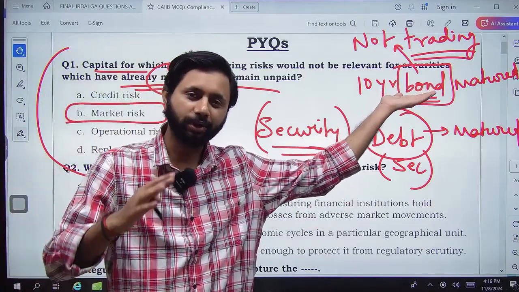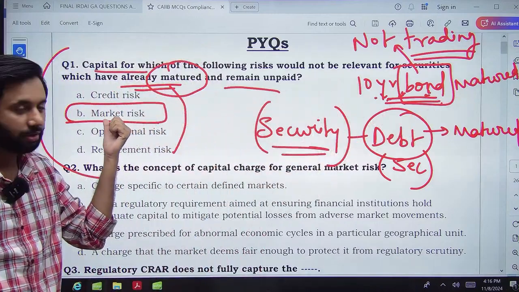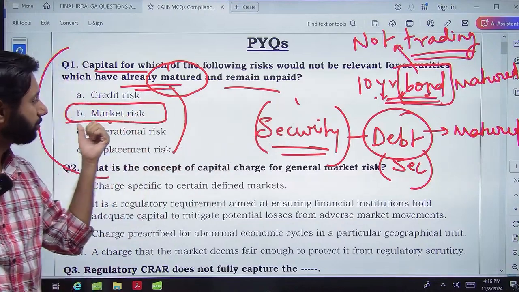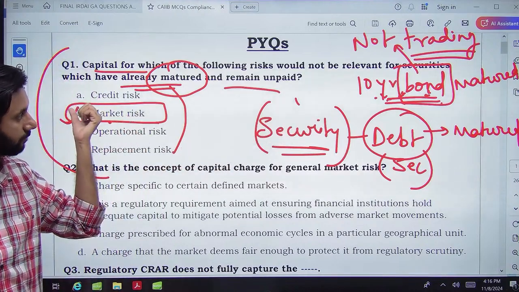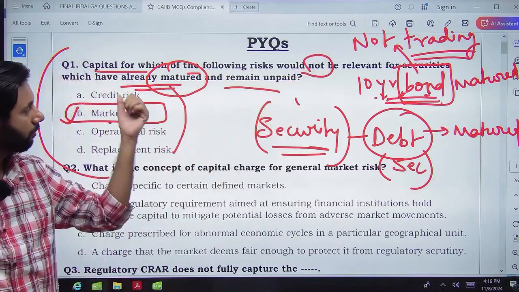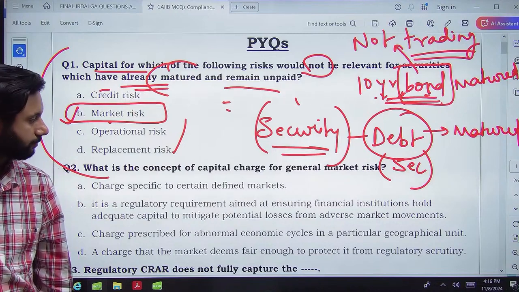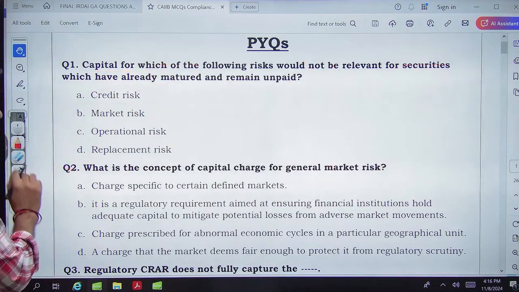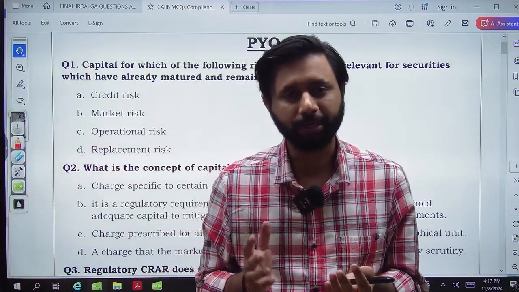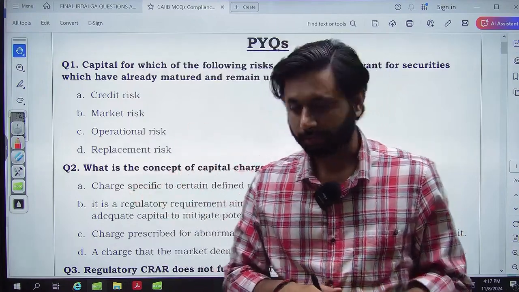When there is no price differentiation because it has already matured, then there is no question of market risk applying to it. So that's why this becomes the correct answer, as the question asks which of the following risks would not be relevant for the security which has already matured. Is this clear? So it's a simple application based question, not too tough. You just need to have a basic understanding of a particular topic as well as the concept. You will be able to do all these questions.